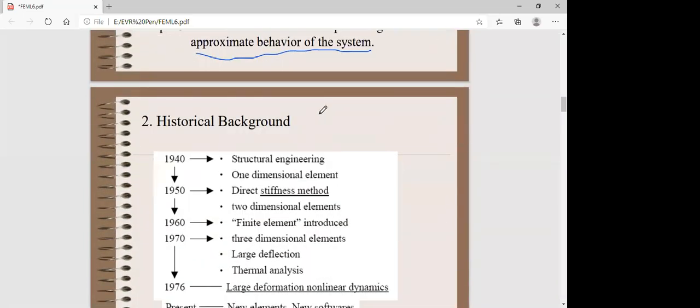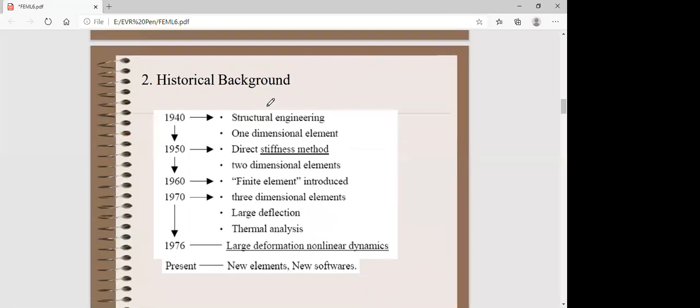What is the historical background of this finite element method? Its concept originated in the year 1940. First they applied this method to structural engineering problems, solid mechanics problems, and that too with simple one-dimensional elements.